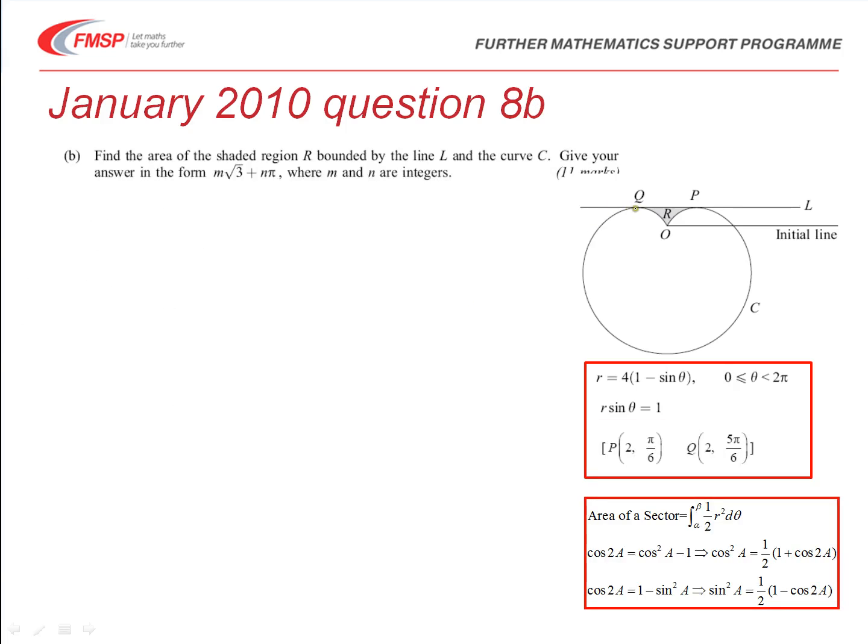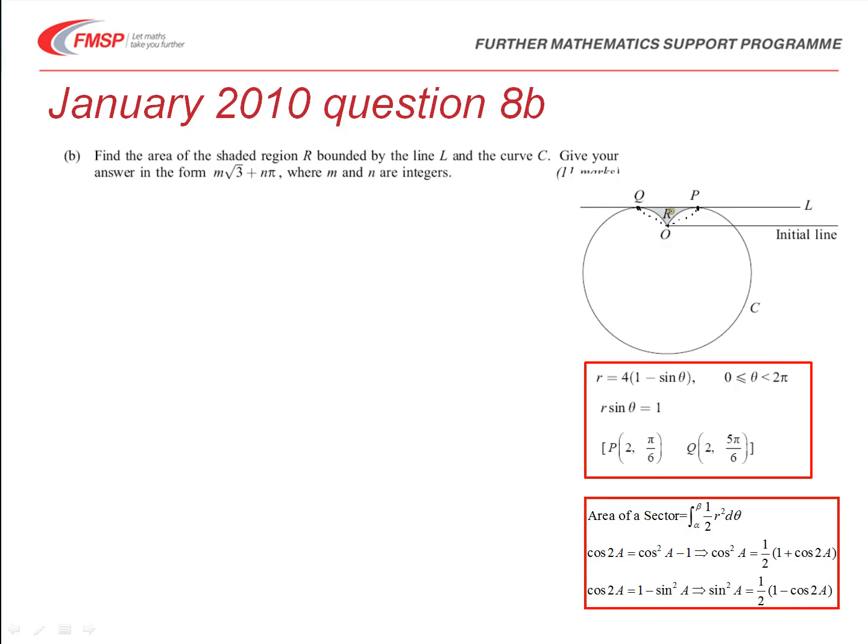So now we've got the coordinates of these 2 points here and here, remembering that from O we know that the angle coming out this way is pi by 6, and by symmetry this is 5 pi by 6.